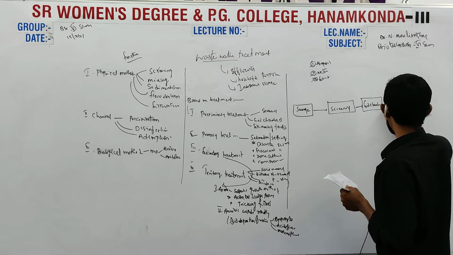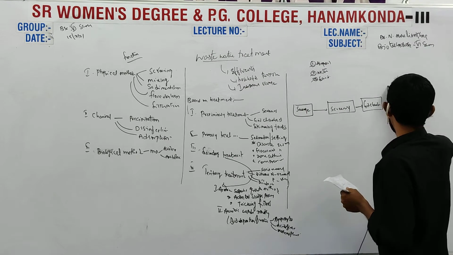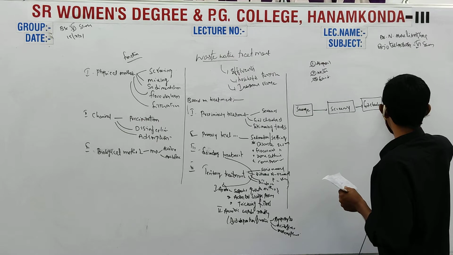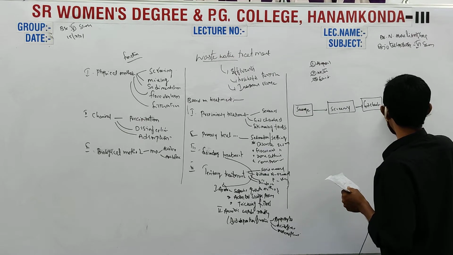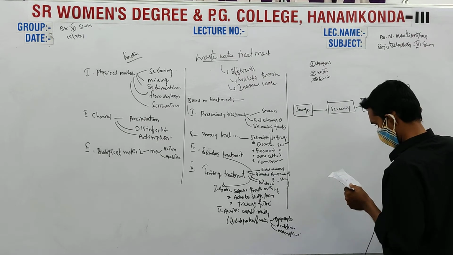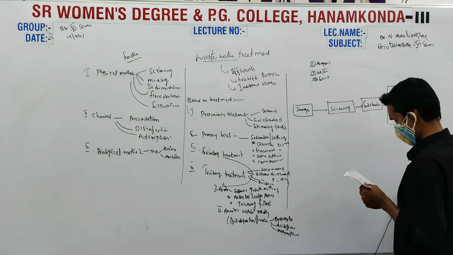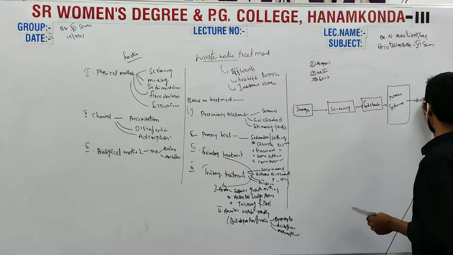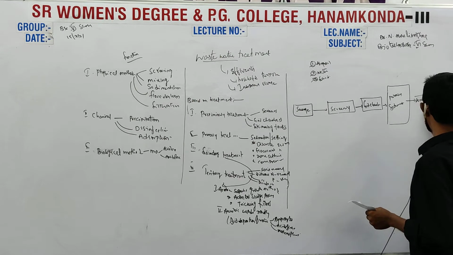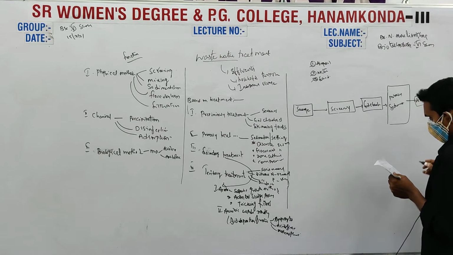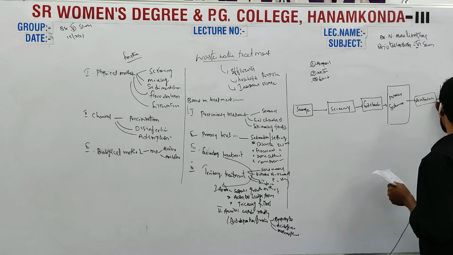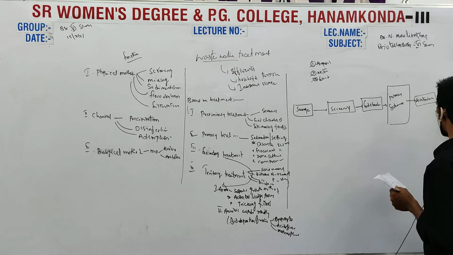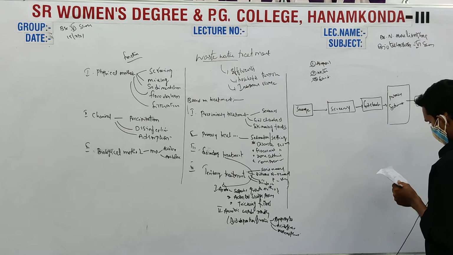Then it goes to primary sedimentation, which is passed through the aeration tank, then secondary sedimentation, and finally tertiary treatment.